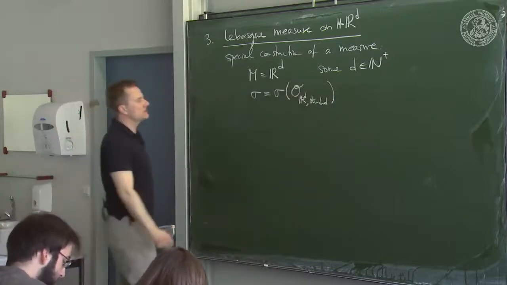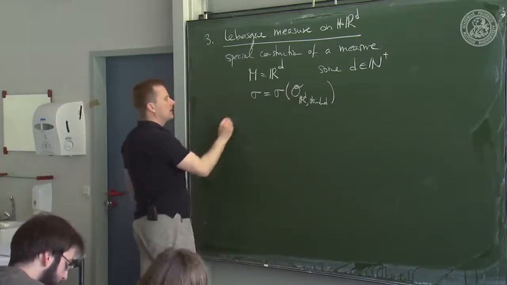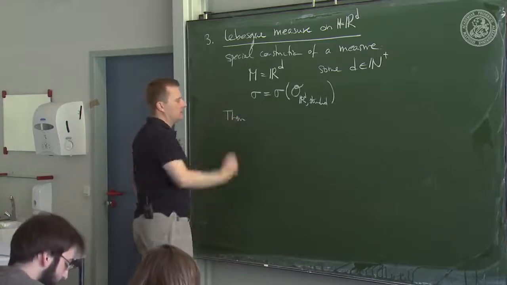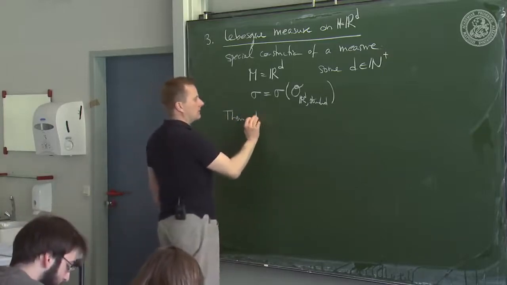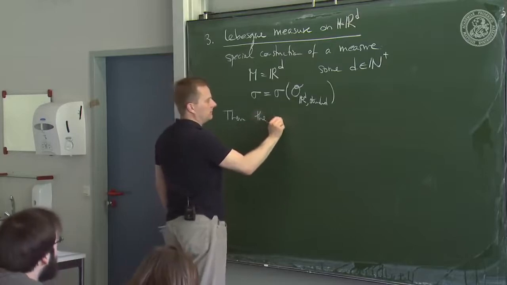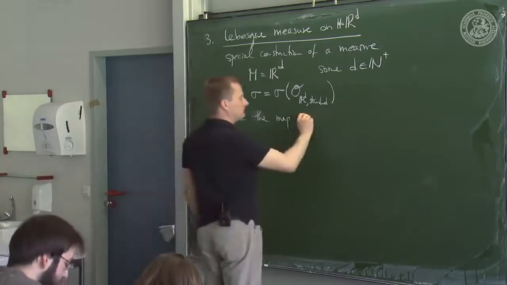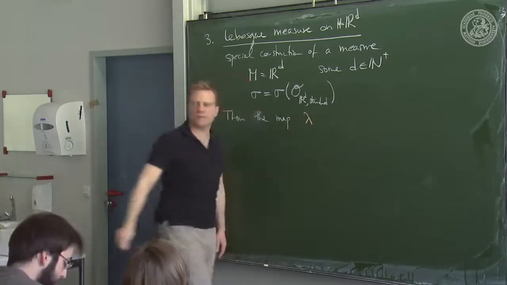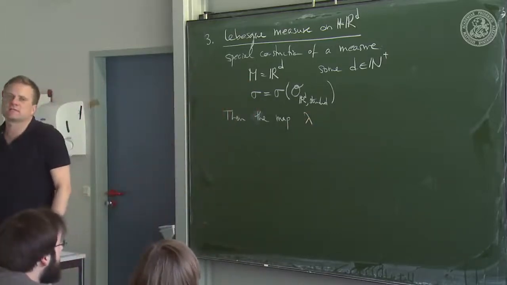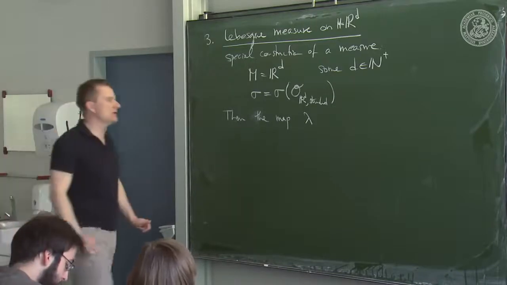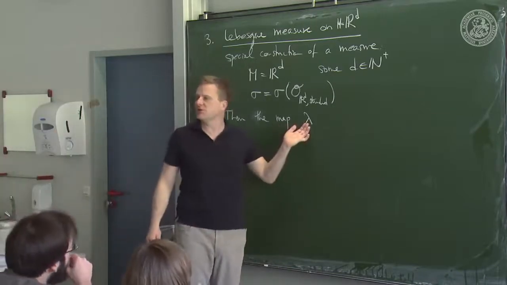But the question is, what is this measure? Then the map lambda. Now we call it a measure mu, but because this is a very special construction, the mu deserves a new name.